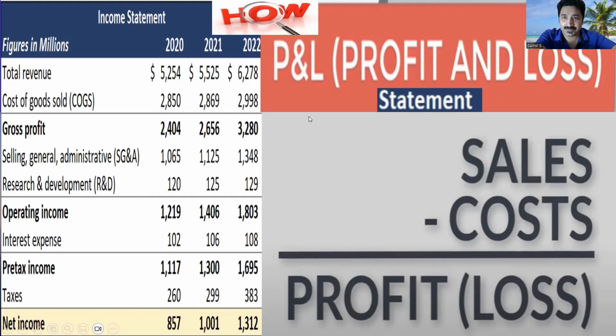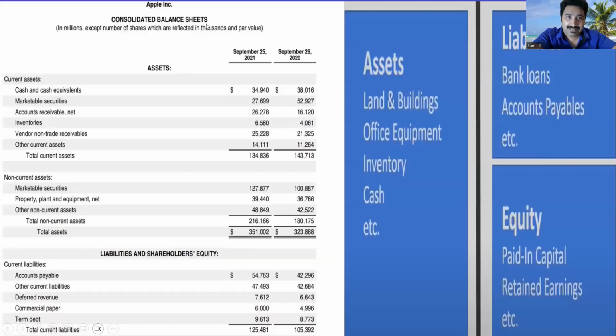Let's now get into the balance sheet. What is there in the balance sheet? We take into account assets like land, building, office equipment, inventory, everything. And then we also take into account liabilities like bank loan, accounts payable. These are all considered in the balance sheet.